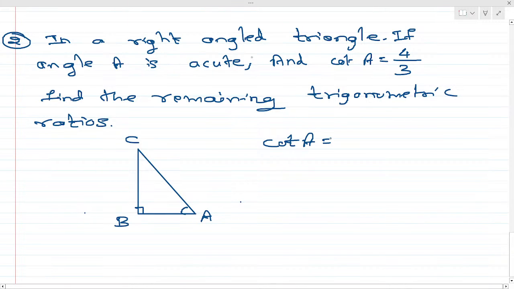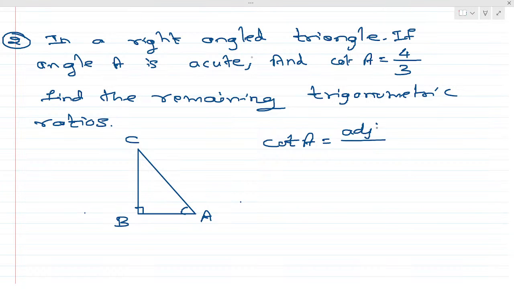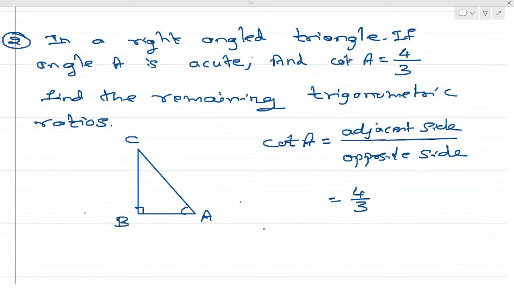Cot A, which is adjacent side divided by opposite side, is 4 by 3. I have to find all the trigonometric ratios.